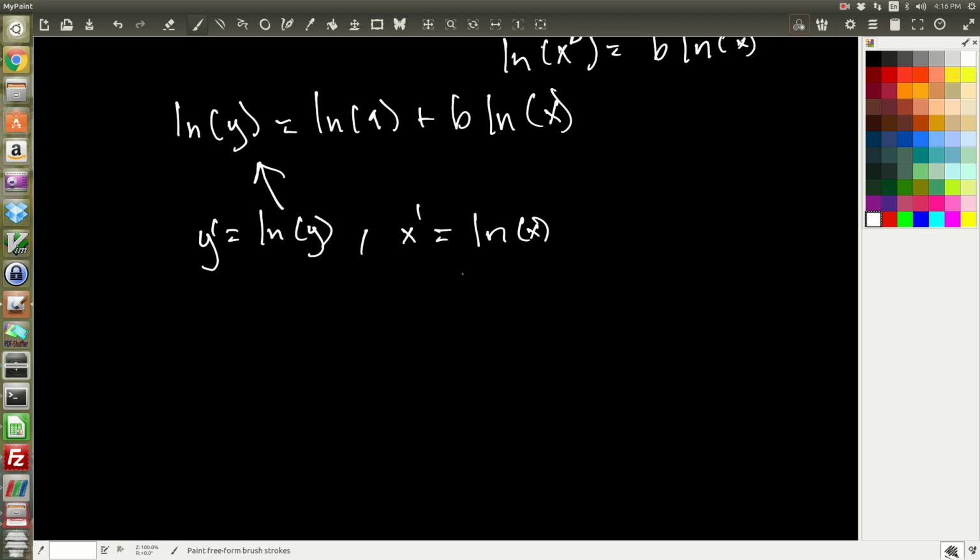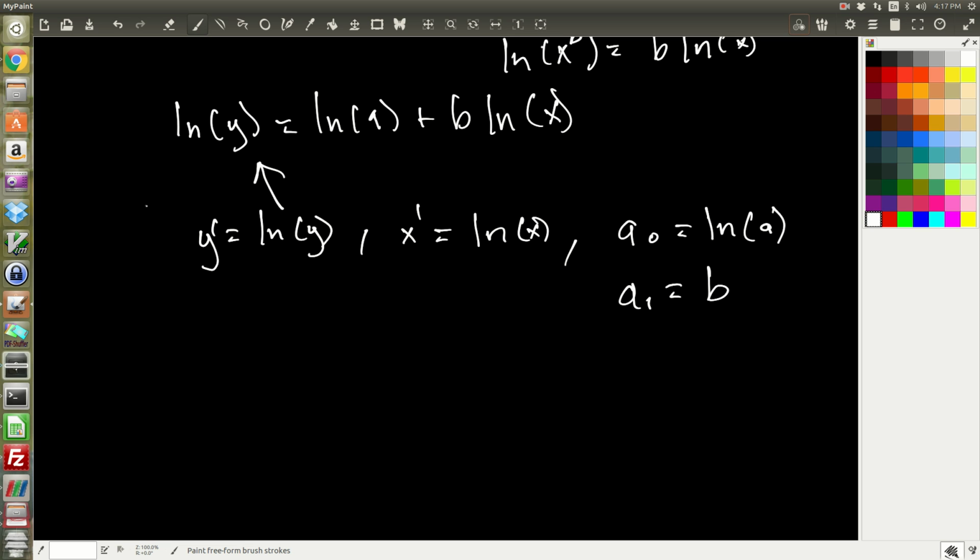I'm also going to define a naught to be equal to the natural log of a, and a1 equal to b.